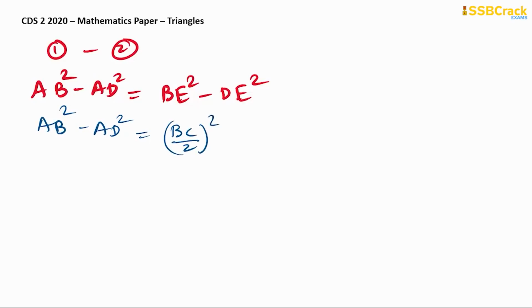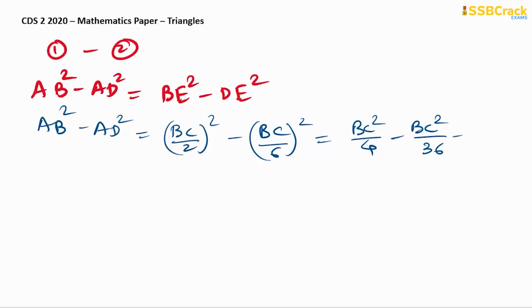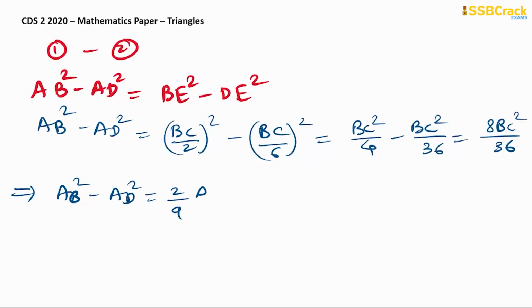So BC by 2 square minus DE, which we obtained to be BC by 6 square. So this is nothing but BC square by 4 minus BC square by 36. By LCM you solve it out, you get this as 8 BC square by 36, which we can rewrite as AB square minus AD square equal to 2 by 9 AB square only.